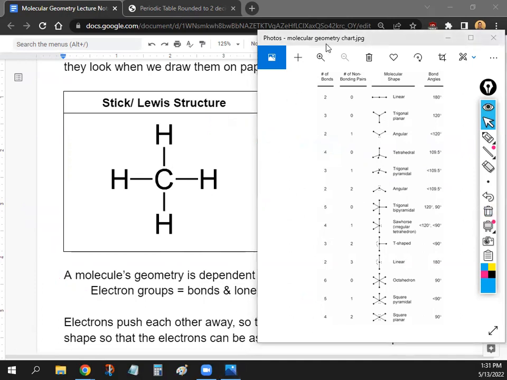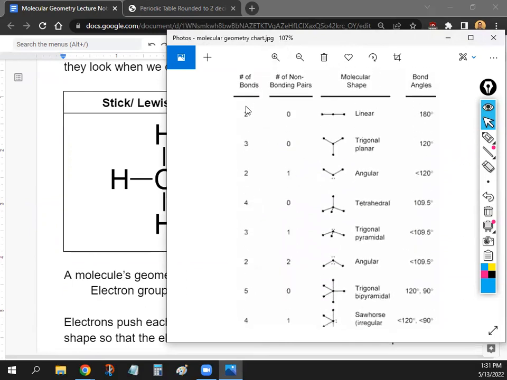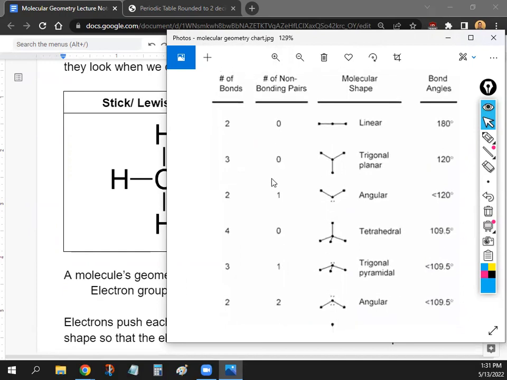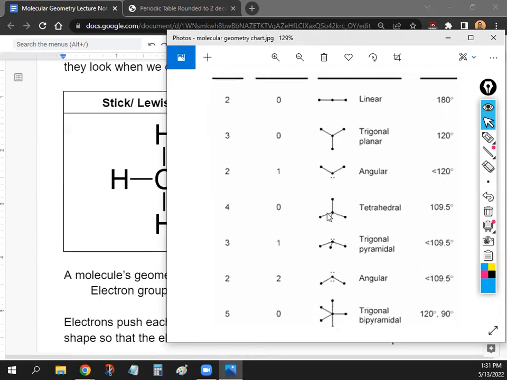Let's look at the first column. The first column talks about the number of bonds. How many bonds does this molecule have? 4. So we go down until we find 4. And how many non-bonding pairs? 0. So we go 4 and 0. And so we see the shape of CH4 that we drew. The name of this molecule's shape is tetrahedral.